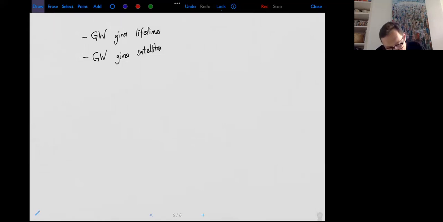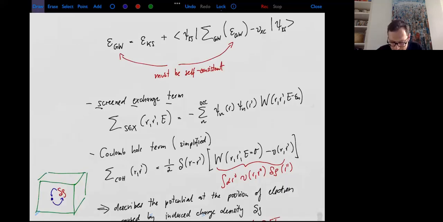And finally, one thing I like about GW is that it's very physically transparent, right? I mean, I could basically tell you what these terms mean in the self-energy.